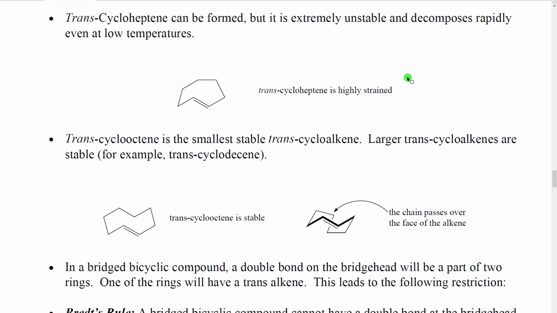They initially believed that trans-cycloheptene would also not be able to be formed based on models, but it turned out that an experiment was done where they took a reactant that could do a light-initiated reaction and become trans-cycloheptene.